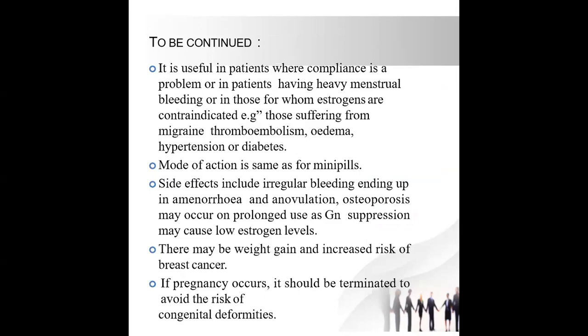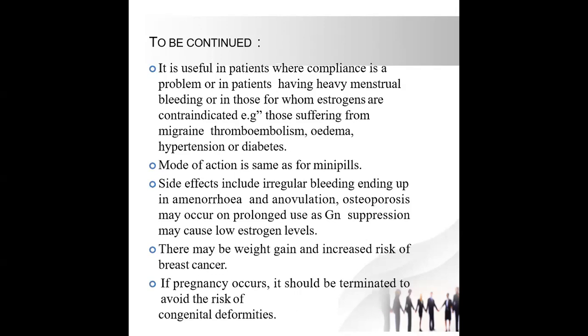They are useful in patients where compliance is a problem, or in patients having heavy menstrual bleeding, or in those for whom estrogens are contraindicated. Example, those suffering from migraine, thromboembolism, edema, hypertension, and diabetes. So in this category of women, we do use injectable preparations like DMPA and NET-EN.